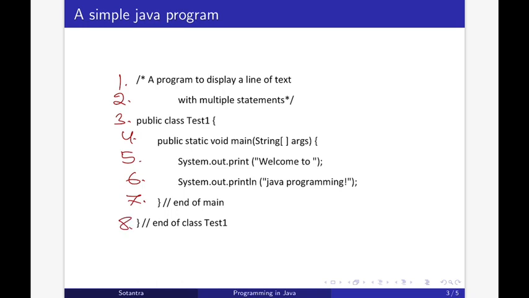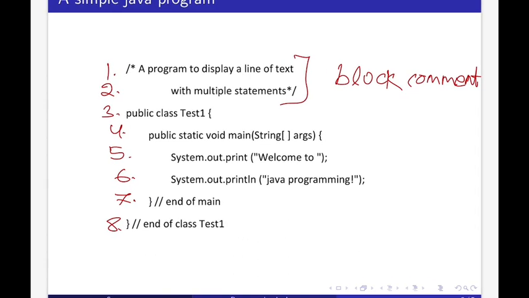So as we have previously discussed, the line number 1 and 2 represents the block comment, and line number 3 defines a class, that is test1, and in line number 4 it starts the main method as we have previously discussed.